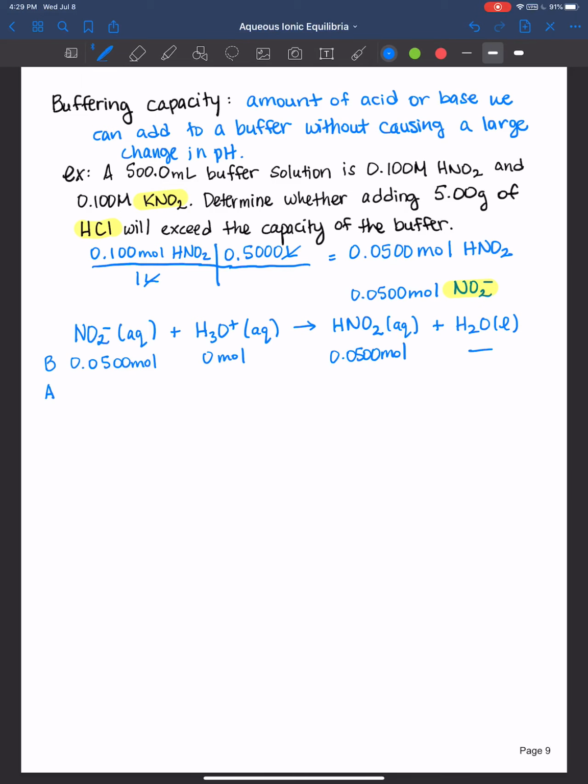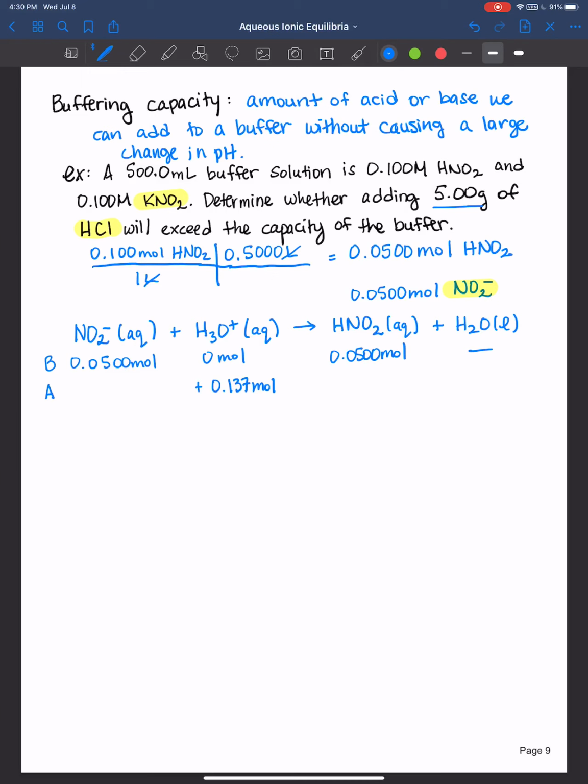We are adding acid. We have to work in moles, and so you will need to convert 5 grams of HCl into moles of HCl. The molar mass of HCl is 36.46 grams per mole, and so when you do that calculation, you are adding 0.137 moles of the acid in solution.